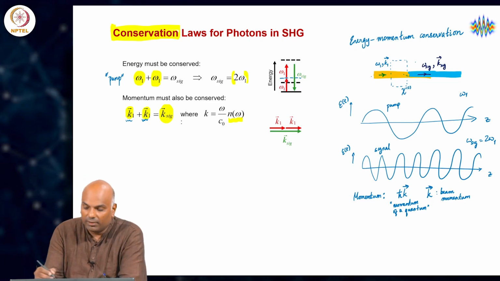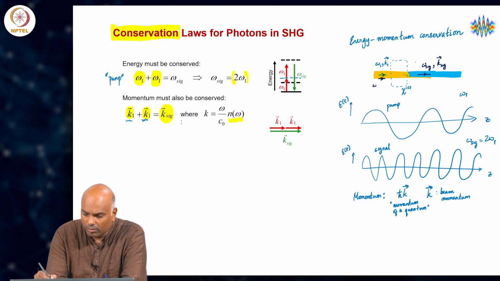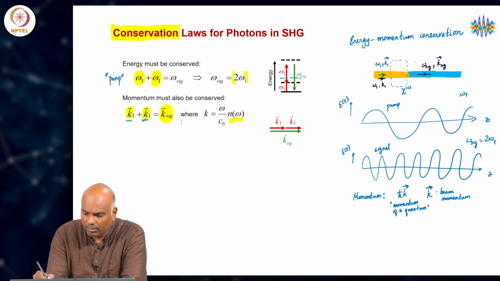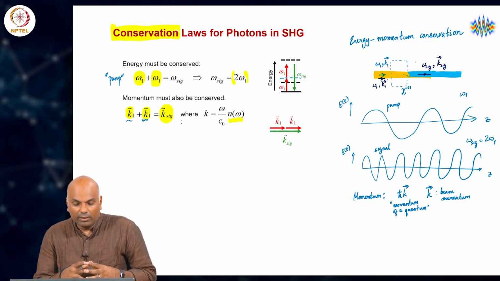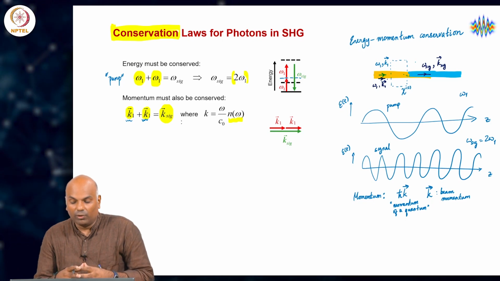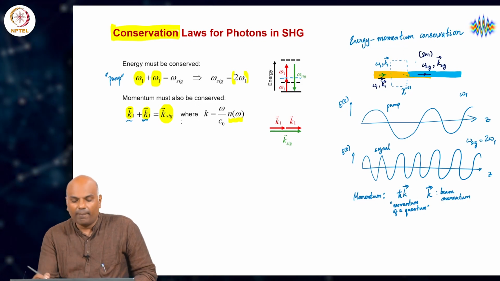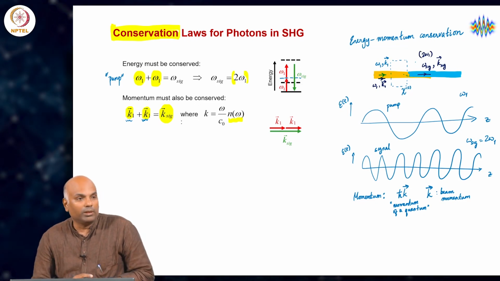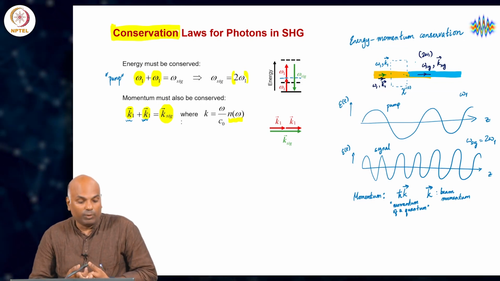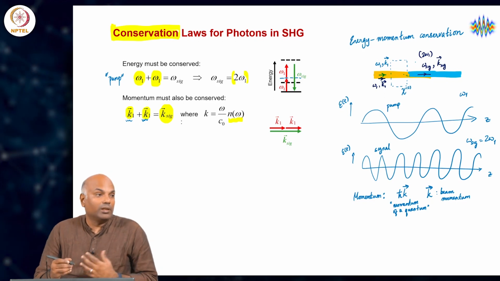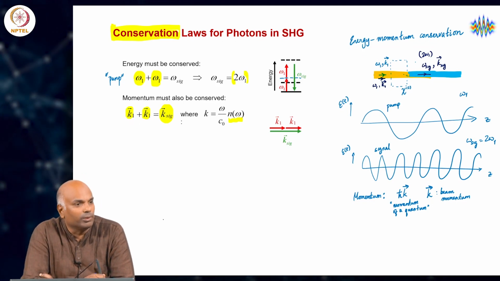In this geometry, this is equivalent to two photons of omega 1, k 1 being absorbed and a photon of omega signal, which is twice omega 1, being emitted. So, these should come about, right, in the process of conserving energy and momentum. Momentum conservation is the key thing now. We understand energy conservation in that the frequency gets converted. What about momentum conservation?